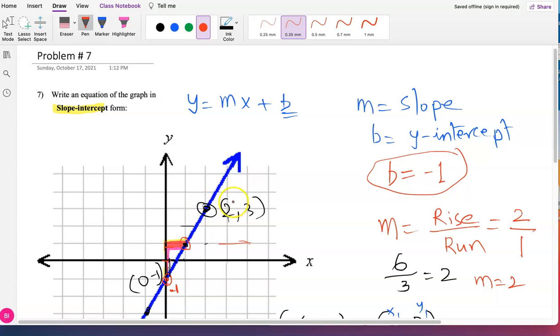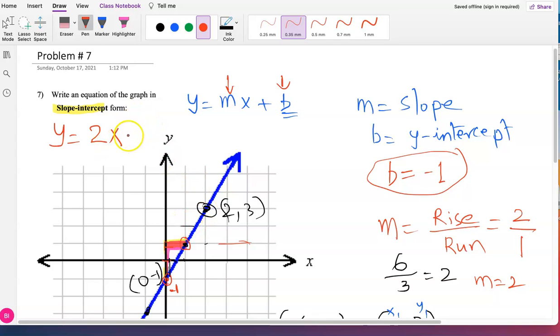Therefore, the equation of this line is y is equal to m, which is 2, times x. Remember, x and y have to be there in the equation. The x is the independent variable and y is the dependent variable. Only this m and b are the numbers that you got from here.